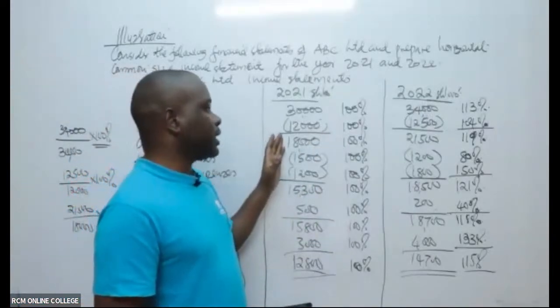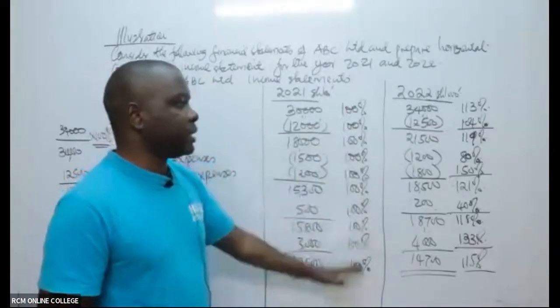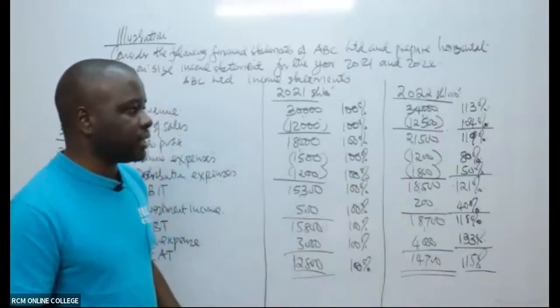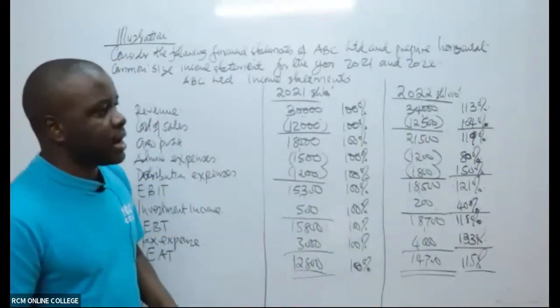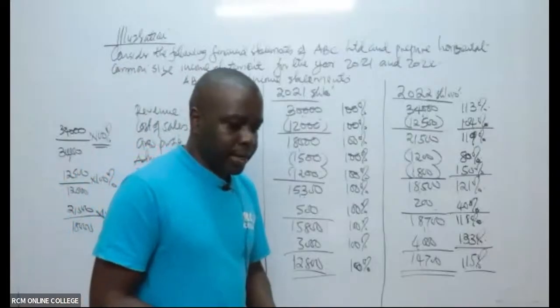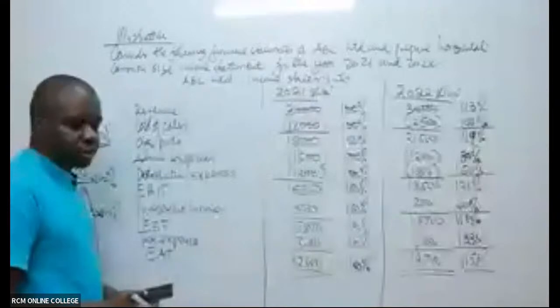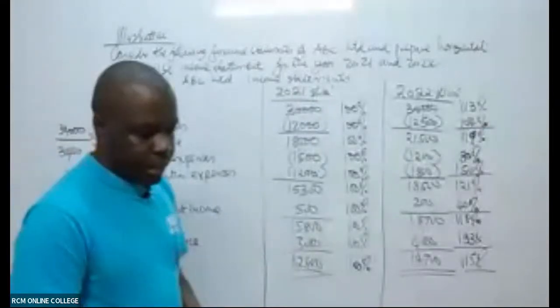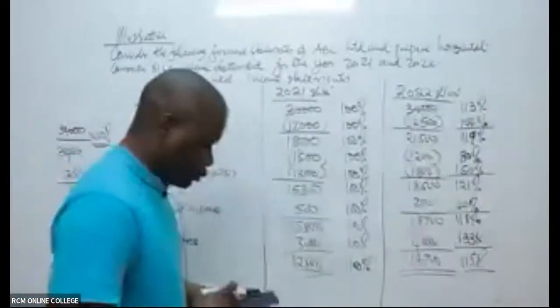Figures are most likely not going to tell you the trend very easily. But when you put them into percentages, then you can see a trend arise. So that is basically how you do the horizontal analysis.